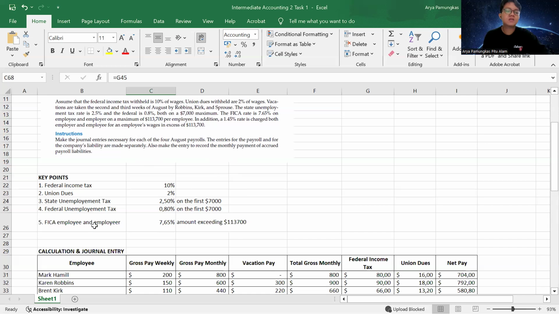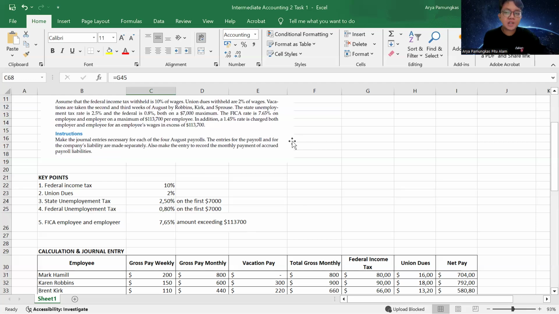The last key point is FICA, employee and employer, is 7.65% on the amount exceeding $130,700.